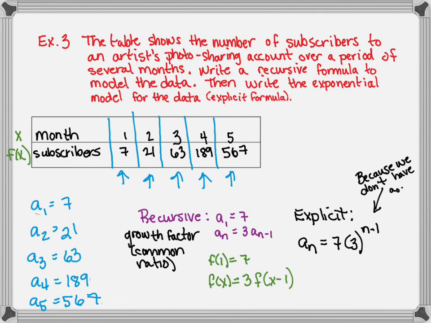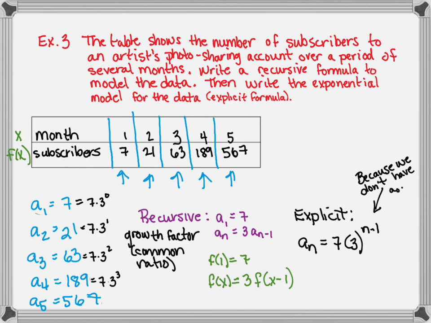And if you want to double check that this is giving us what we already found, if we use the formula, so n is 1, we have 7 times 3 to the 1 minus 1, which is 0. Then we have 7 times 3 to the 2 minus 1, which is 1. And 63 is 7 times 3 squared, which is 3 to the 3 minus 1, which just gives us 3 squared.